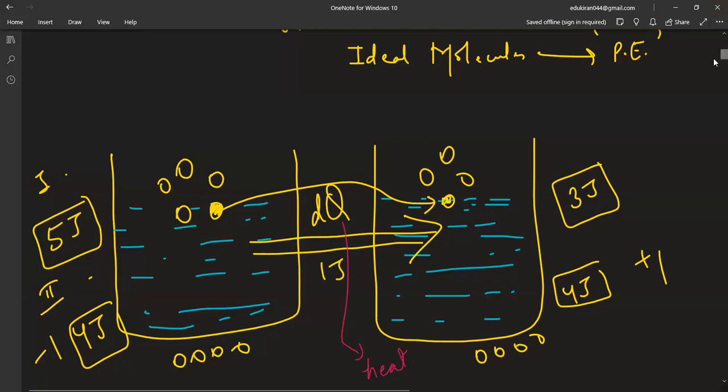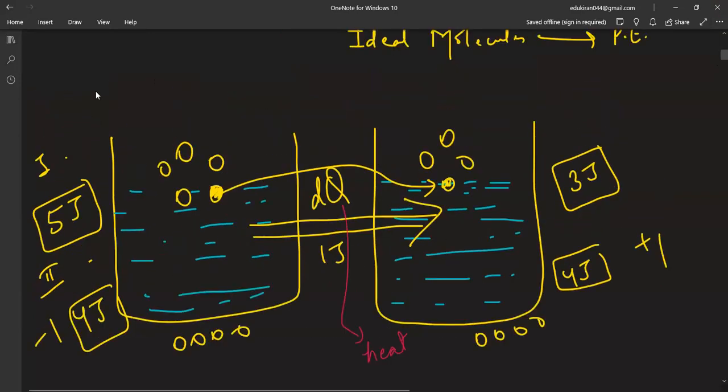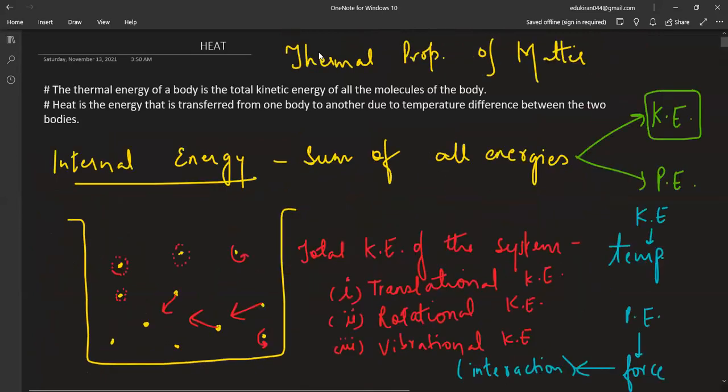Initially, through this, you understand that initially energy in this was greater, but finally both are equal. So until and unless energy in A container is equal to energy in B container, the amount of energy that will be flowing is known as heat.